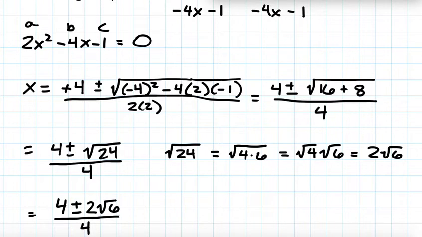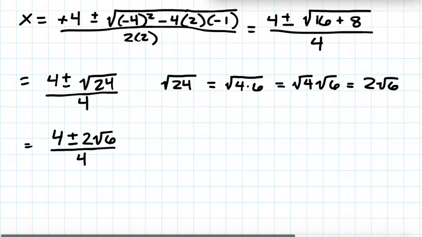Now, there's one last thing that I can do to simplify here, and that's looking at these three numbers, the 4 here, the number in front of the root, not the number underneath the root, and the denominator. If there's a number that all three of those numbers can be divided by, that can be taken out. So in this case, there is such a number.